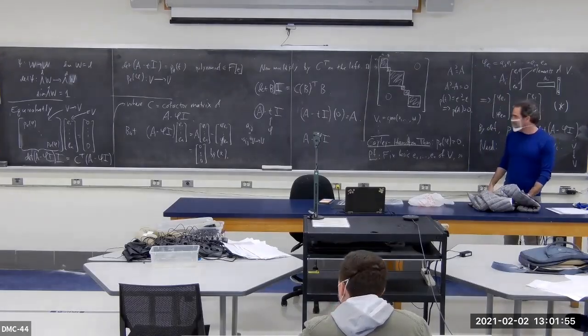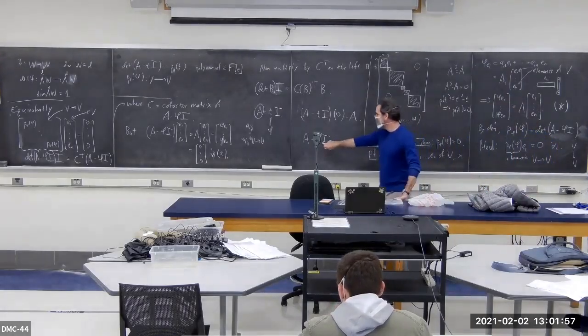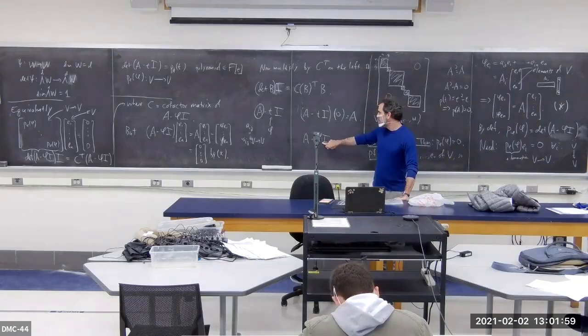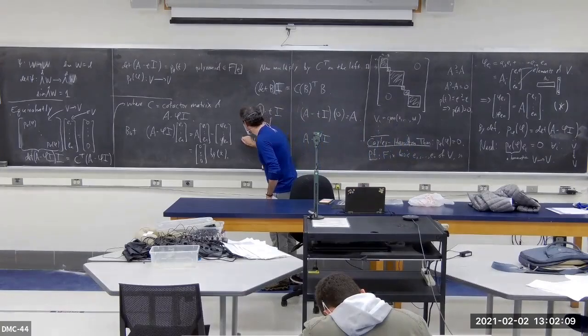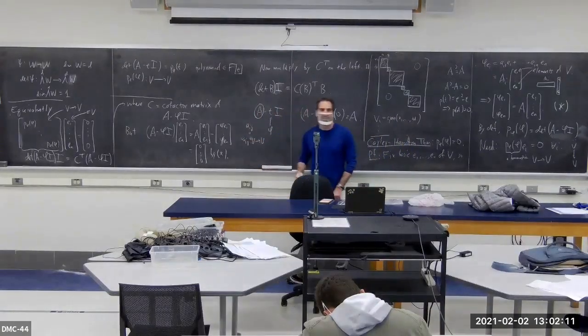Now you might then ask, how do you take A minus phi times the identity? And the answer is that you have to view the entries of A as linear transformations from V to itself. How do you view an entry as a linear transformation? It's multiplication by that scalar. Multiplication by a scalar is a linear transformation from V to itself.